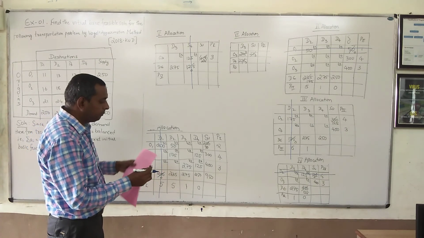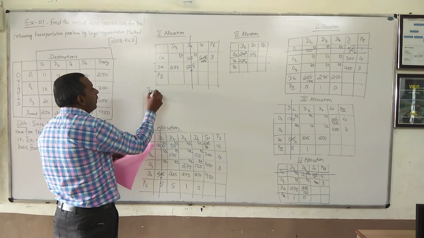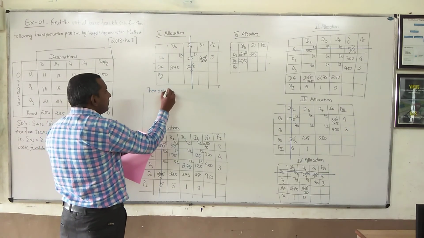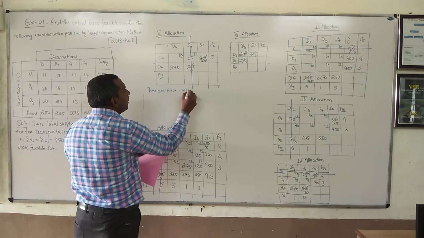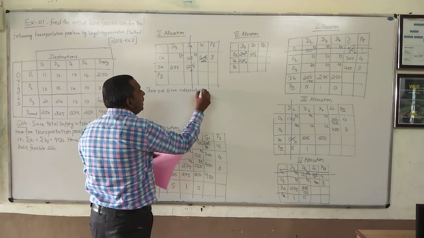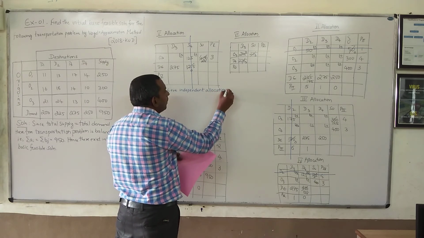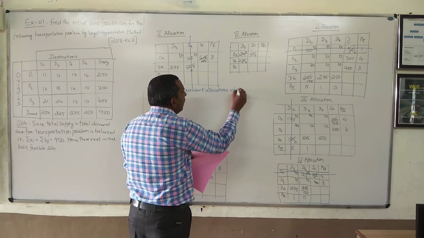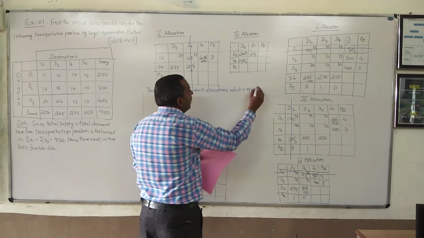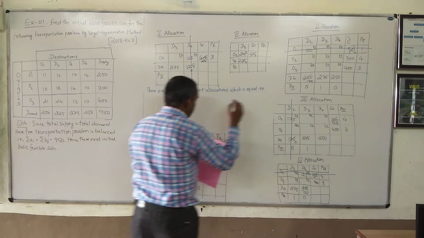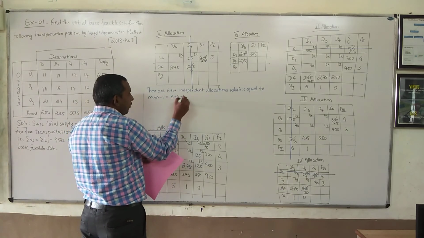Fine. So there are six positive independent allocations, which is equal to m plus n minus 1, that is 3 plus 4 minus 1.